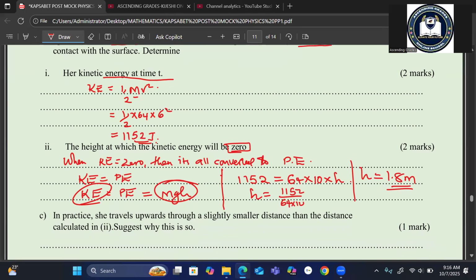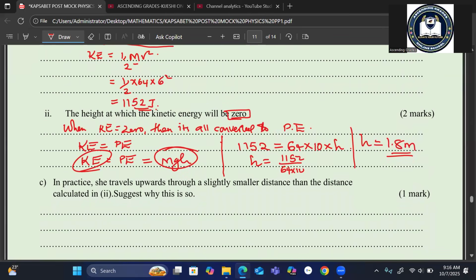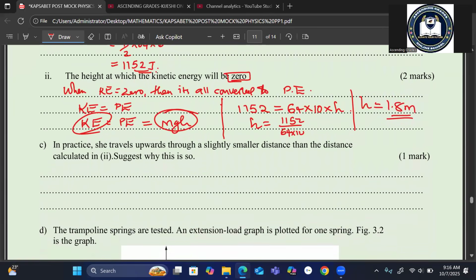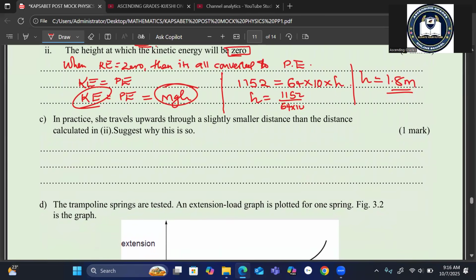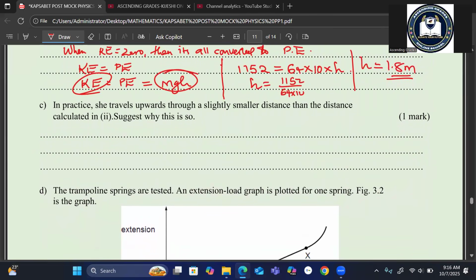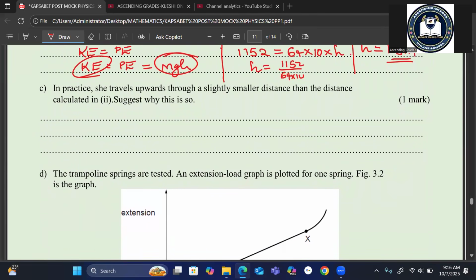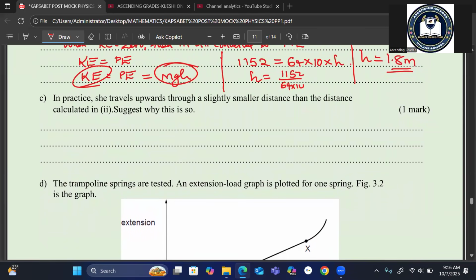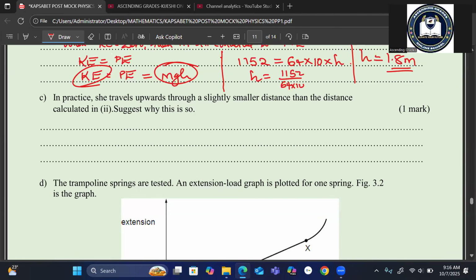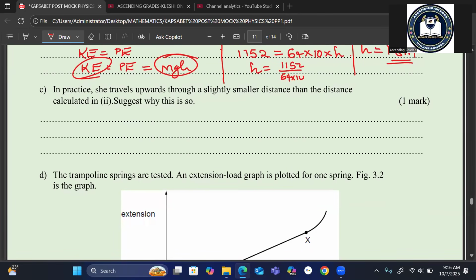In practice, she travels upwards through a slightly smaller distance than the distance calculated in Roman 2. Suggest why it is so. Remember, from this calculation, we have got 1.8, but our part C is telling us that we should be expecting a smaller distance of less than 1.8 meters.